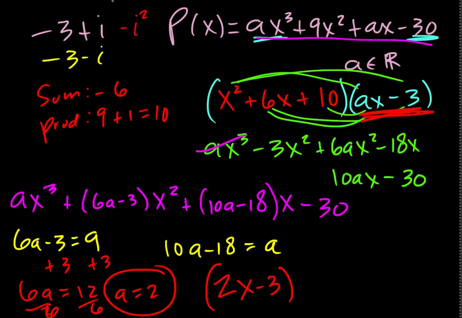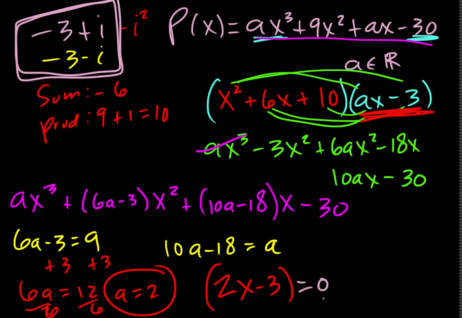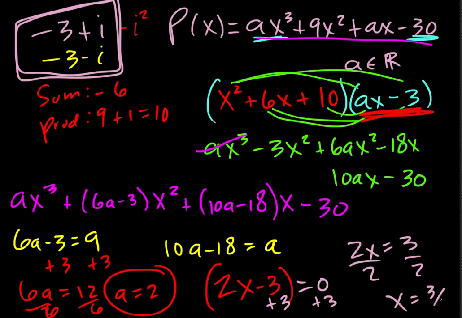So we already have 2 of them right here, and so we just need to set this equal to 0, add 3, 2x is equal to 3, divide by 2, and x is equal to 3 halves. So there's 3 zeros. It was a third degree polynomial, and we found the 3 zeros, so that's how we know that we're done.